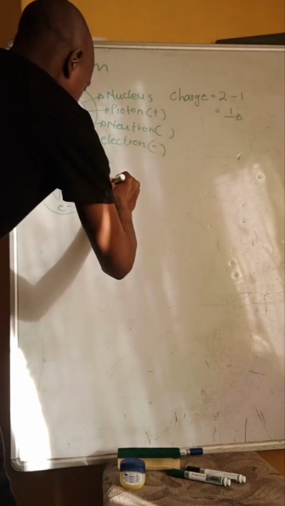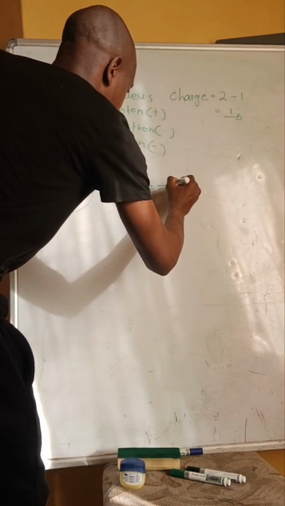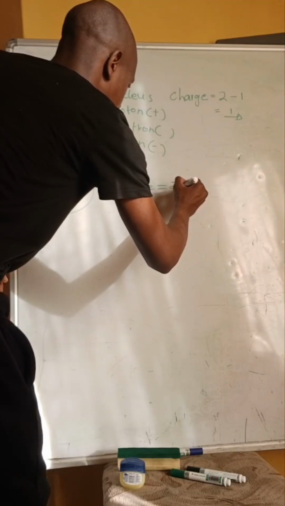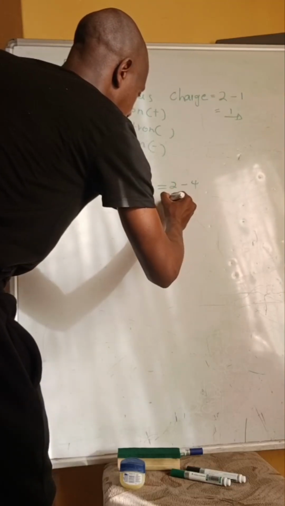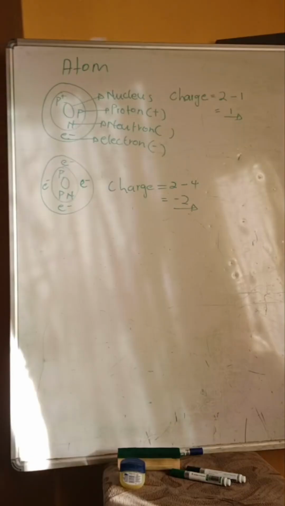And then for this atom, the charge will be 2 protons minus 4 electrons. Then we will have a negative 2. So now it means here a charge of negative 2 will be applied.